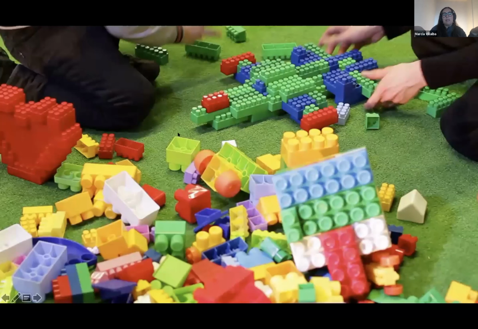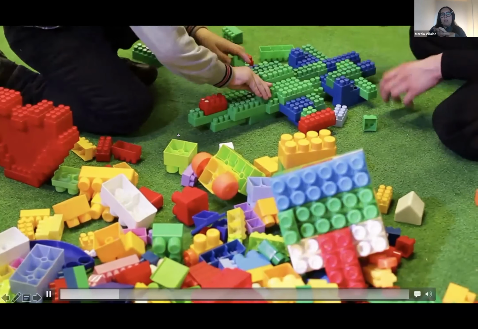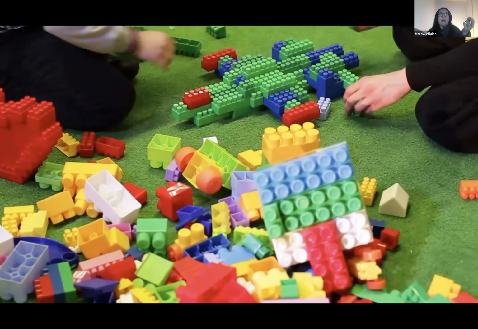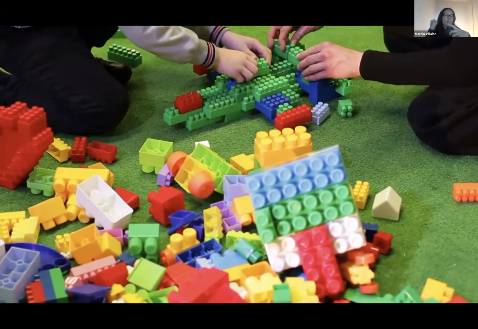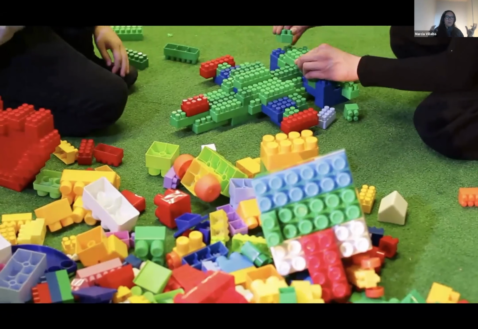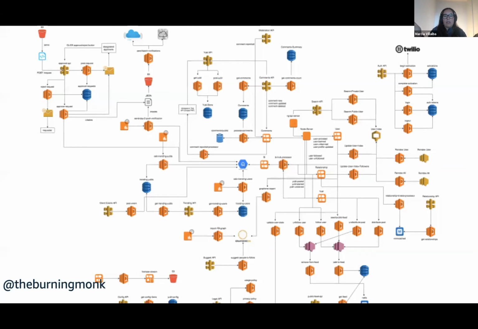So basically, building serverless applications is like putting Legos together. You have all these components: computing components, storage components, networking components, APIs, queues, messaging, and you need to build them together into something that looks like this.